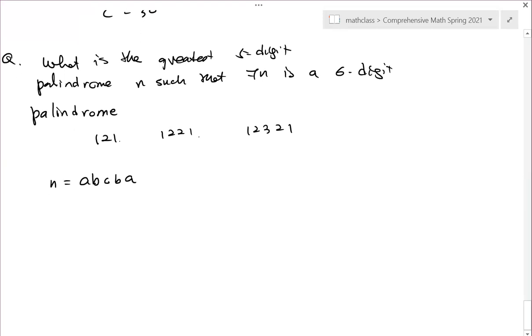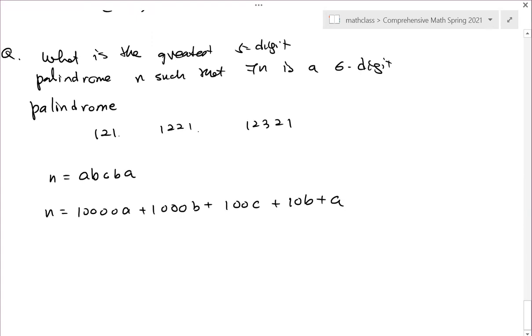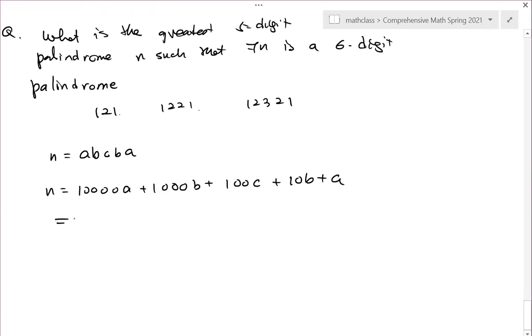When you write a number in that form, you can decompose it: 10000A, 1000B, 100C, and then 10B plus A. So you can add them together.